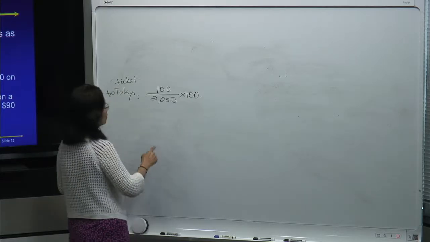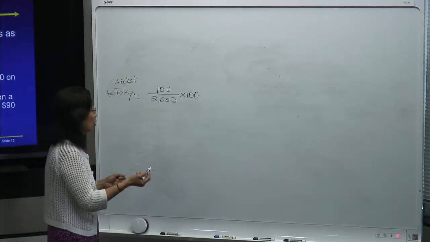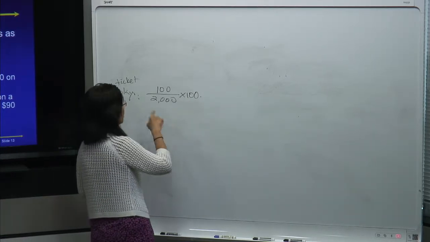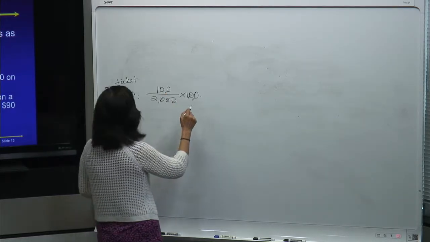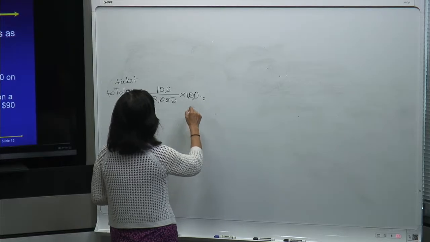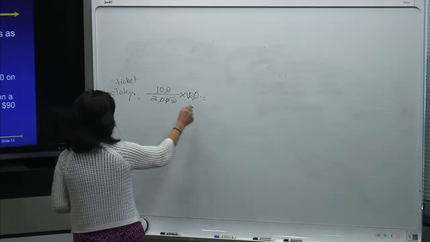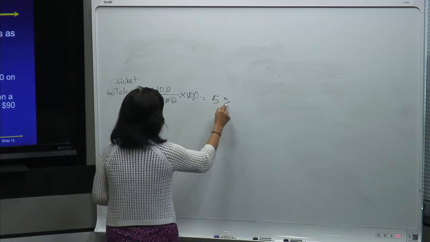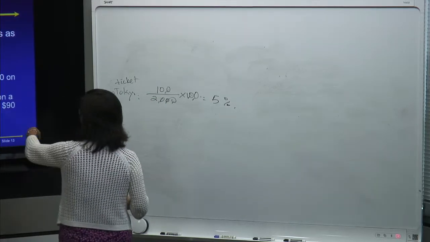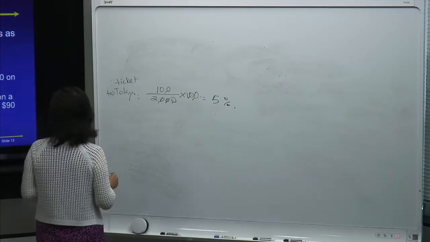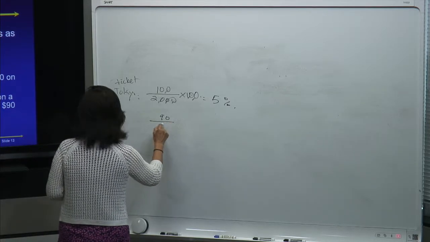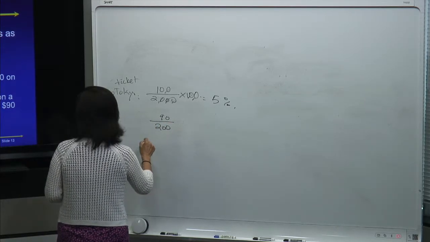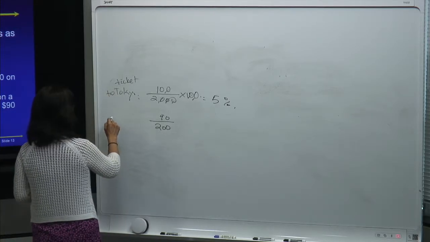Because you calculate percentage saved, or proportion, you multiply by 100. So basically, this is 5%. And then the other one, don't forget, is saving $90 on a $200 plane ticket to Chicago.